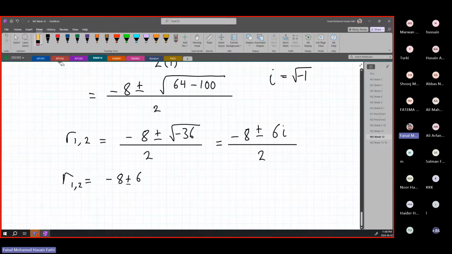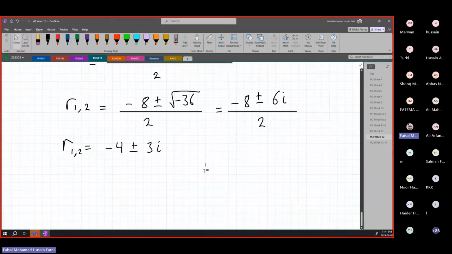We can simplify this more by dividing the upper part by 2. We are going to have minus 4 plus or minus 3i. Negative 8 divided by 2 is negative 4, and 6 divided by 2 is 3. So r1 is equal to minus 4 plus 3i, and r2 is equal to minus 4 minus 3i.